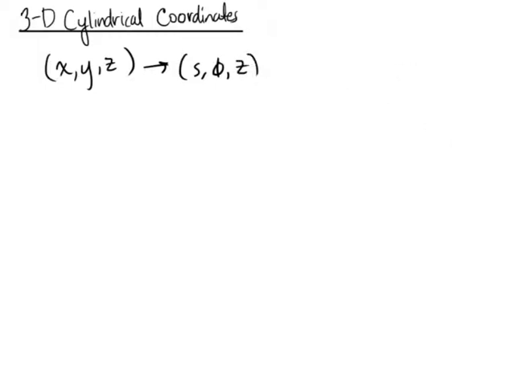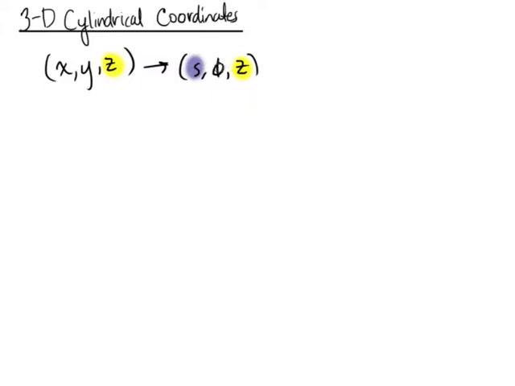And right off the bat, we can make a comparison between the two systems because we see that there's a similarity. That similarity is the z components. So if you understand z in one system, it's the exact same z in the other system. And the second similarity, this goes back to the polar system.